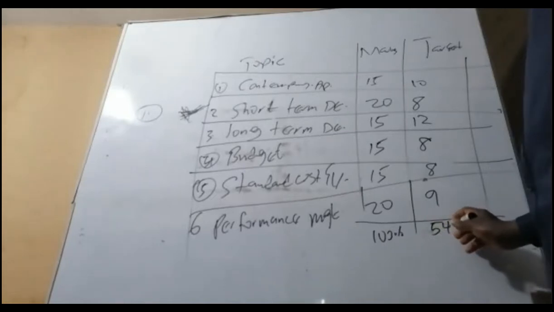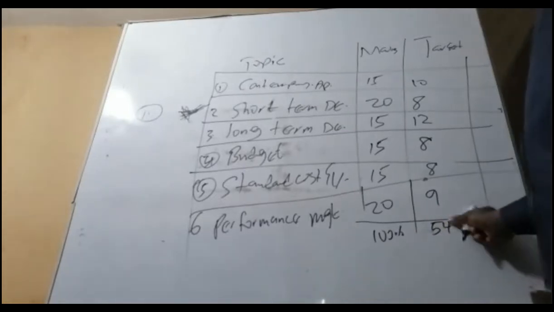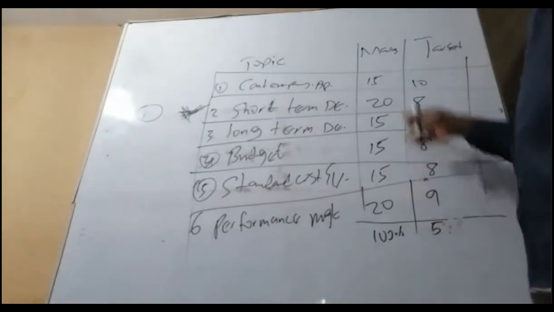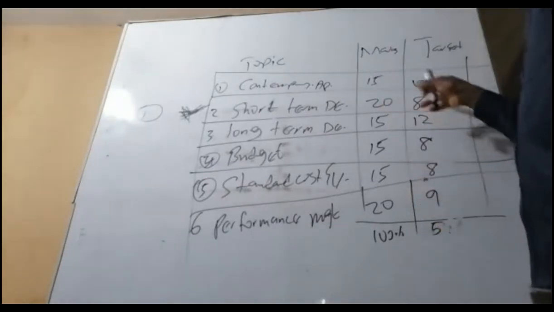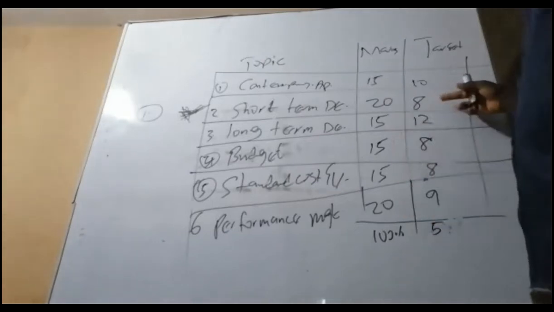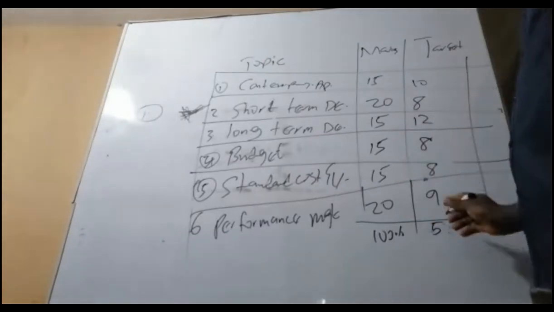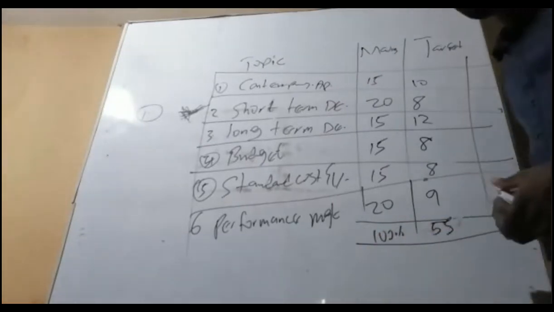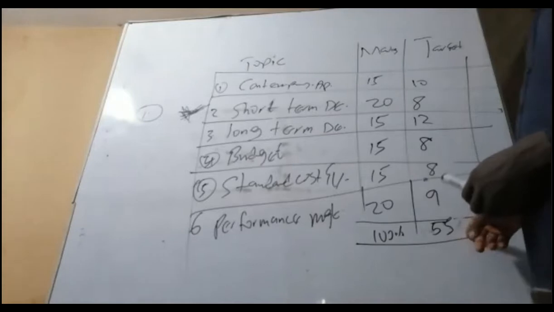So out of 20, you are getting 9, out of 20 you are getting 8. So out of this 40, you are getting 17, right? Perfect. So it's 55. Good. Now, this is the target marks.